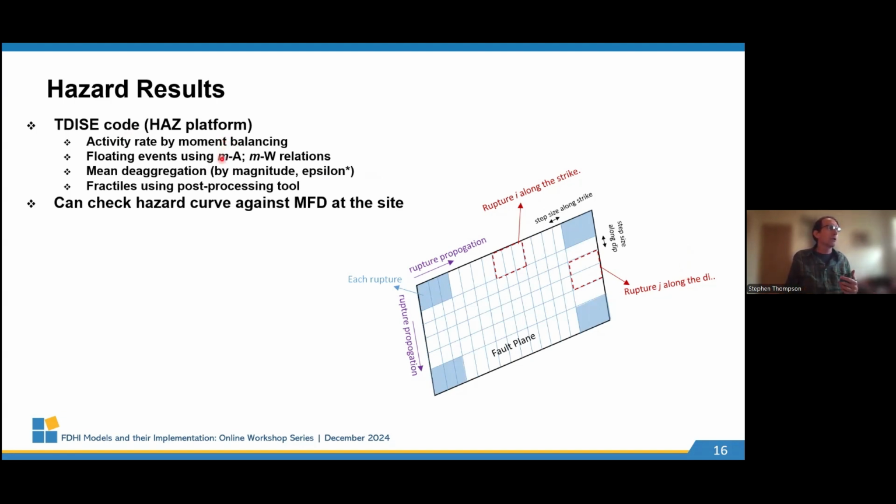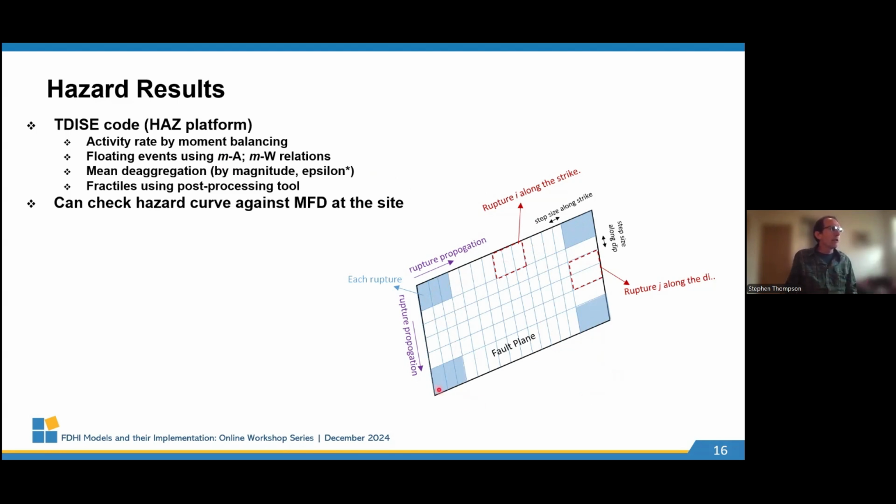Floating earthquakes are accommodated by defining different magnitude-area and magnitude-width relationships. This scheme here shows how ruptures smaller than the full fault plane are floated both along strike and up and down dip. And again, we have tools such as mean deaggregation, and we can compute fractiles using post-processing tools.